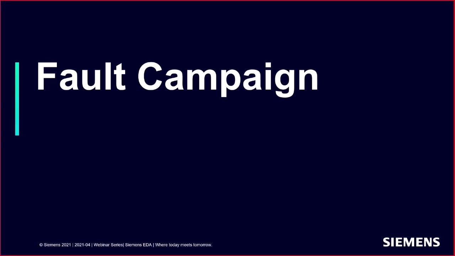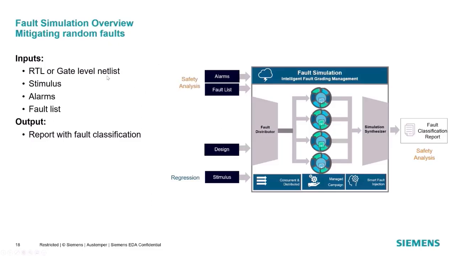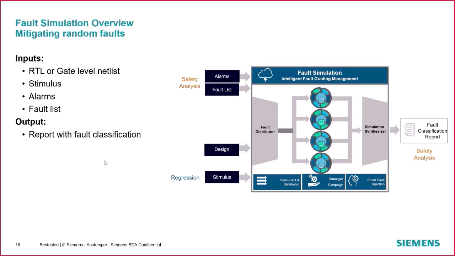Hello and welcome back. Yes, so in this section, we're going to be talking about fault campaign, or commonly known as fault simulation. So what we have done to progress our experiment is we have taken the analysis input from the safety analysis portion. We now have the fault list available.